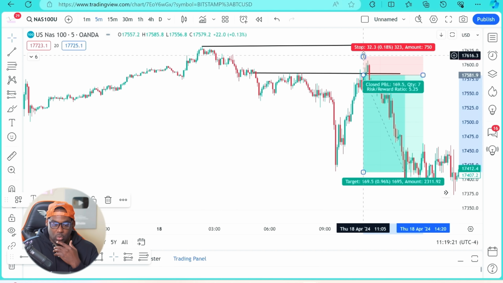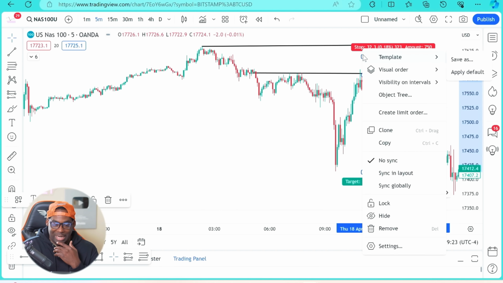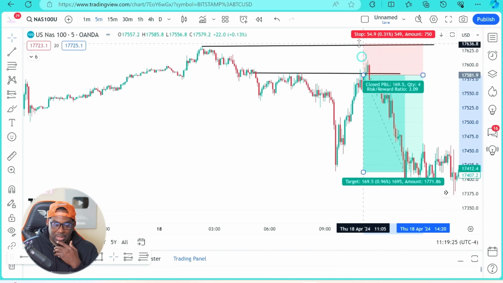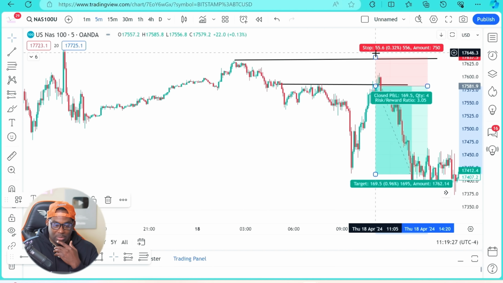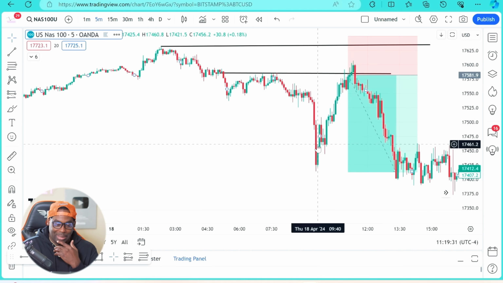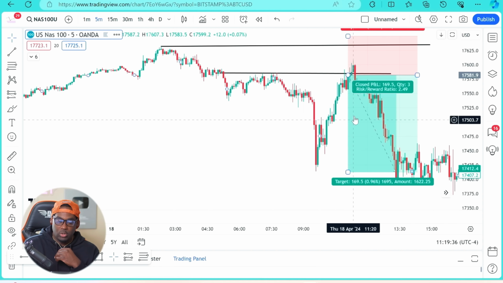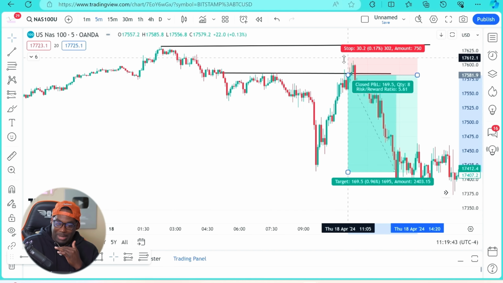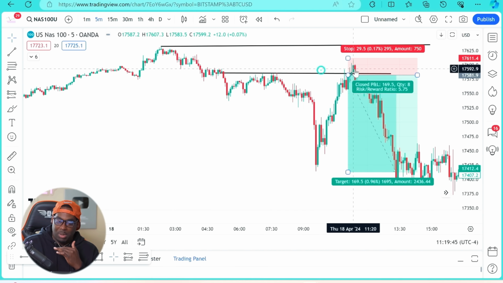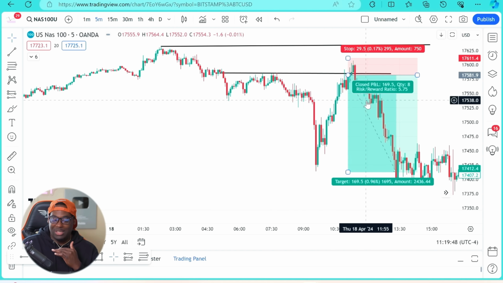Okay, one way you could do it is initially have a wide stop loss, right? So let's say your initial stop loss would be right here. When you start to see your bias or your trade actually working, then you could adjust your stop loss, maybe to here, and then you could probably add some more because now you see the trade is working.